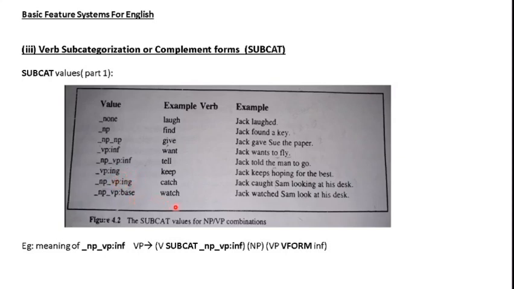Actually we need to understand what this subcat value represents. The subcat value actually represents two constraints. First, after the manifestation of the verb, what should be the subcomponents in the sentence. So it should be a noun phrase and a verb phrase. The next restriction is on the verb phrase, that is the V form feature value. We saw earlier the different V form feature values, right?